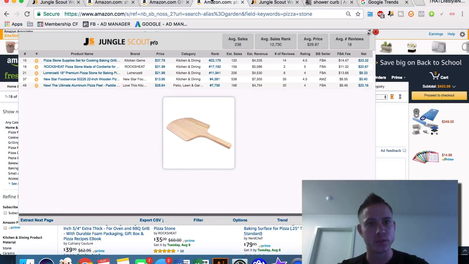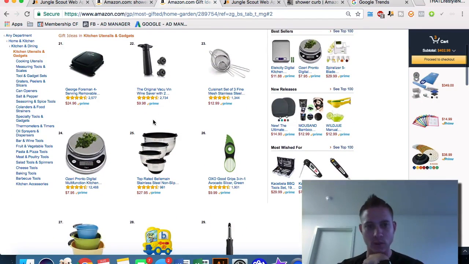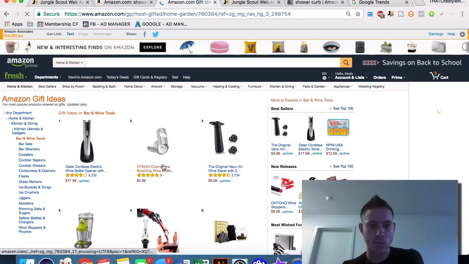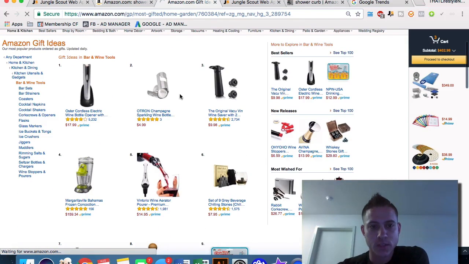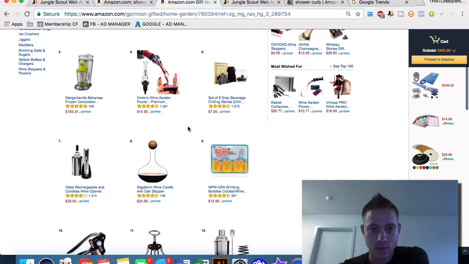So we are going to go back to the best sellers and take a look. Thermometers and bar and wine tools. Let's try bar and wine tools. So we see in the number 2 spot here, champagne sparkling wine bottle opener, I assume. The original vacuum fan.